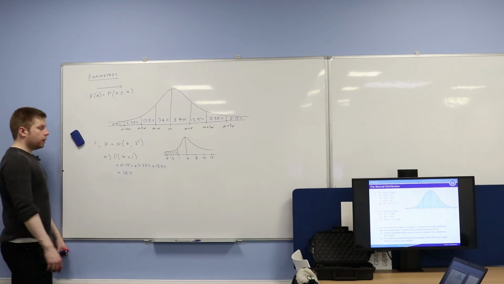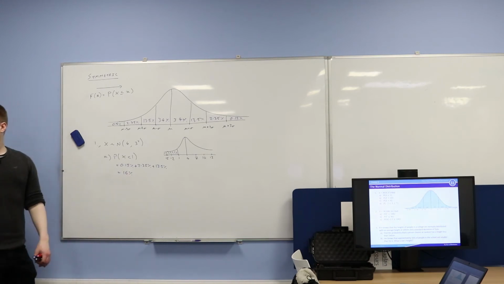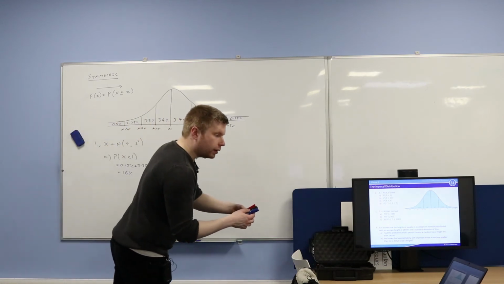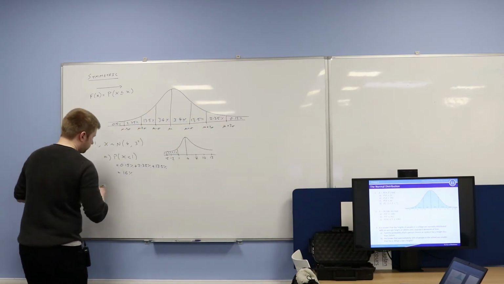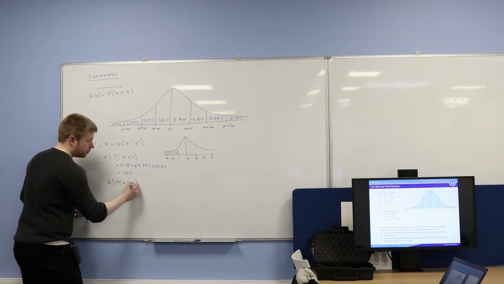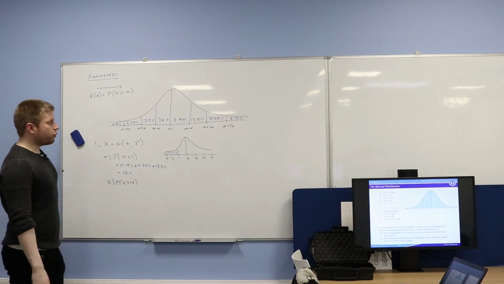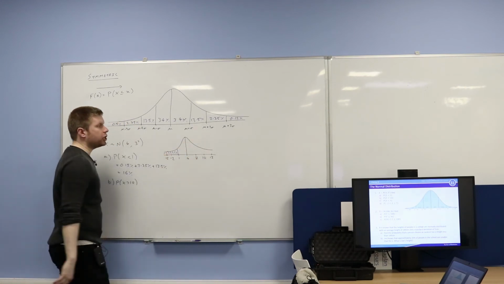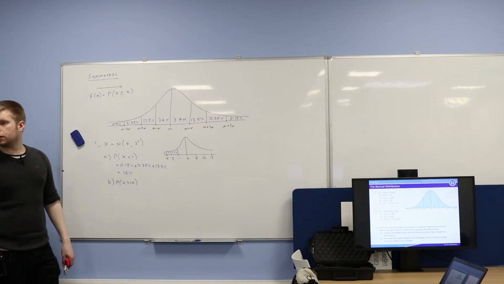But you're happy with how you work out the probability? Okay. What about part B then? What about the probability that x is greater than 10? Well, 10 corresponds to 2 standard deviations above the mean. Does that make sense?